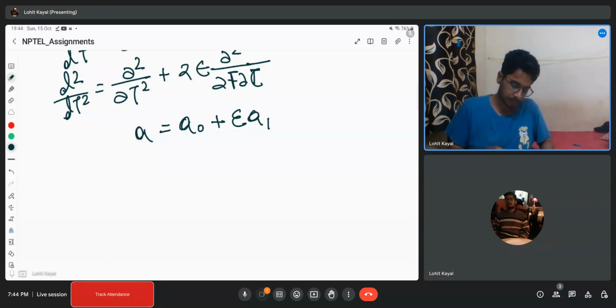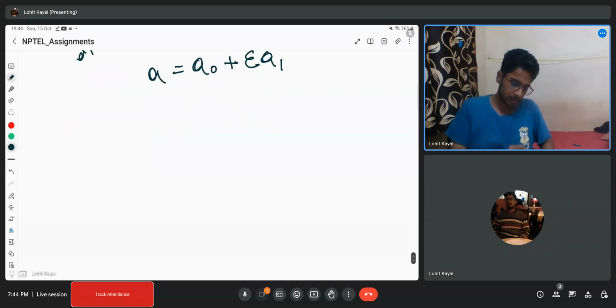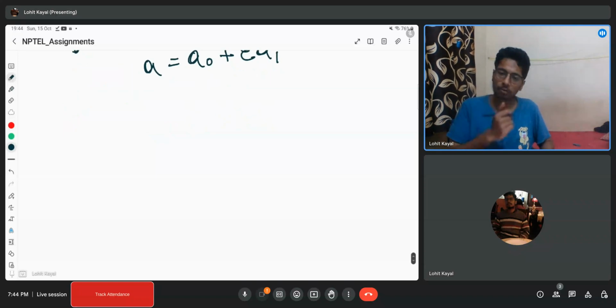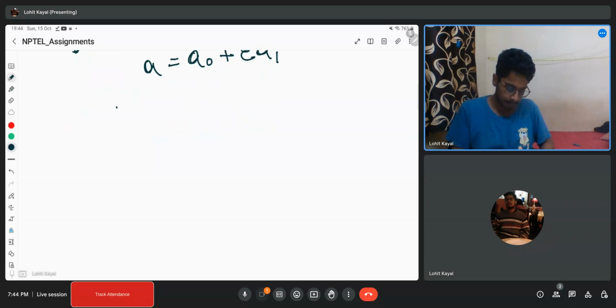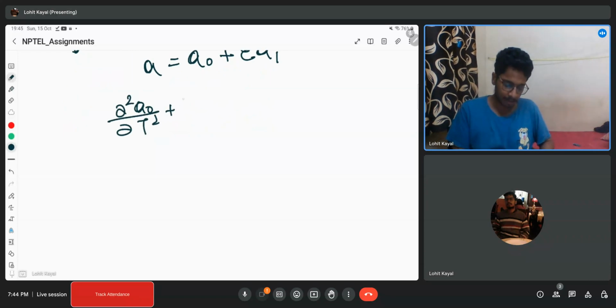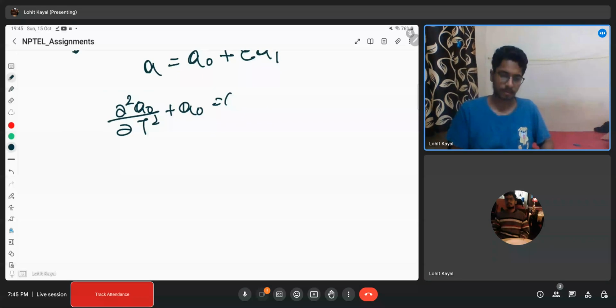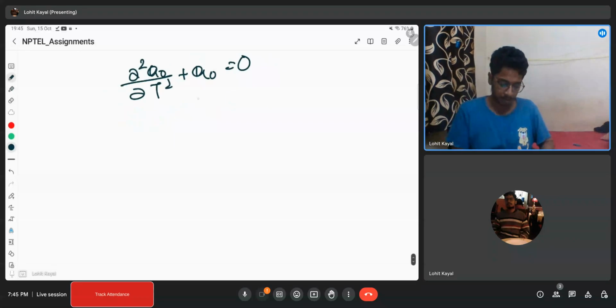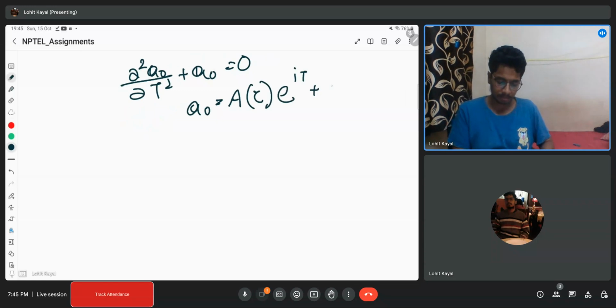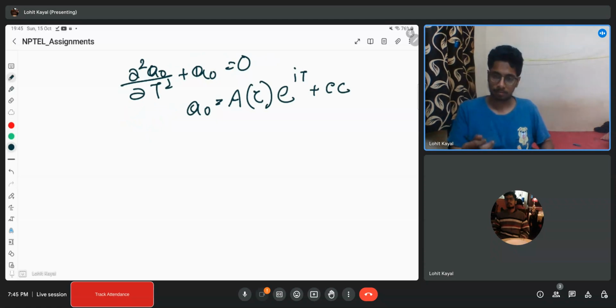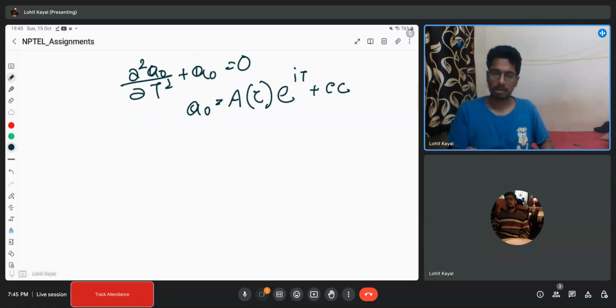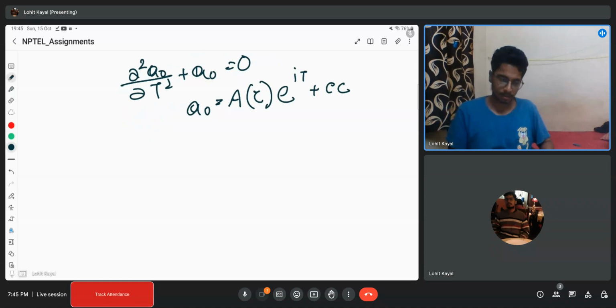So at order 0, we will get del square a0 by del T square plus a0 is equal to 0. So what is the solution? A0 equal to A(tau) e to the power iT plus c.c. Now at the linear order, at order epsilon, what will be the solution of this?